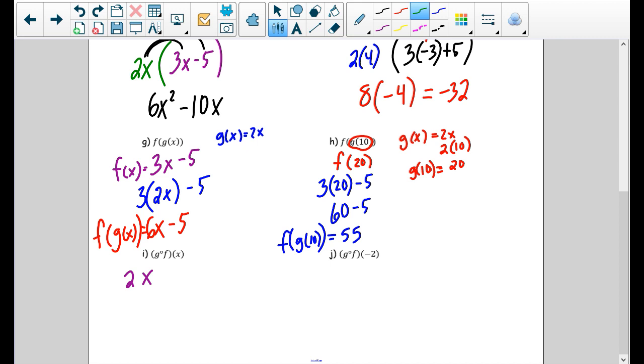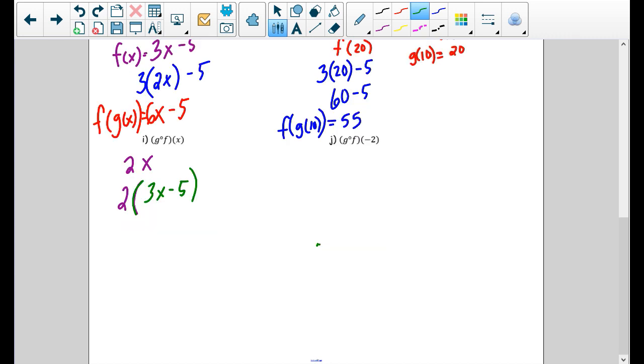So we have 2 times f function is 3x minus 5. And so here, since we have more than one thing in there, now we need to distribute. So we'll distribute this 2 in, so 2 times 3, 6x, 2 times negative 5, negative 10.